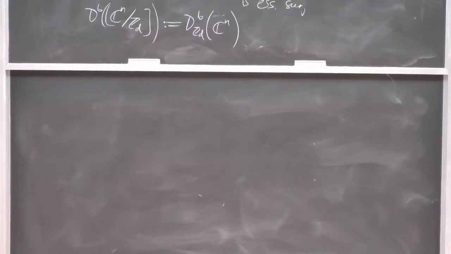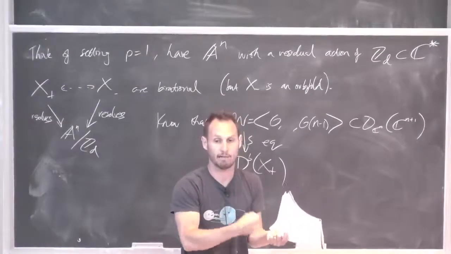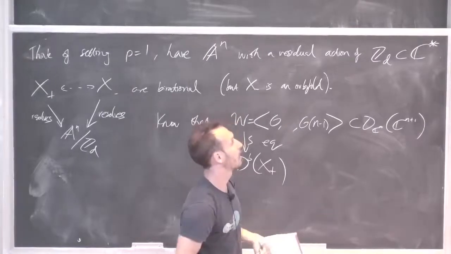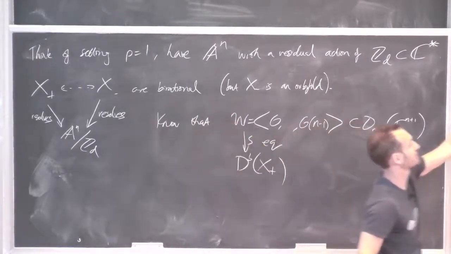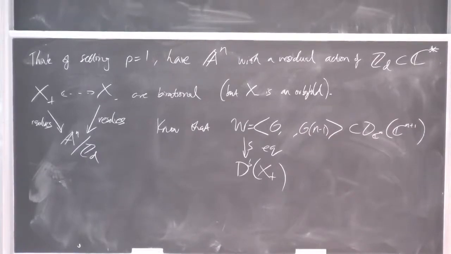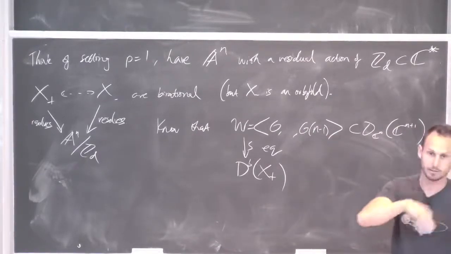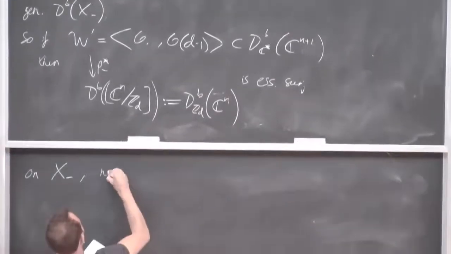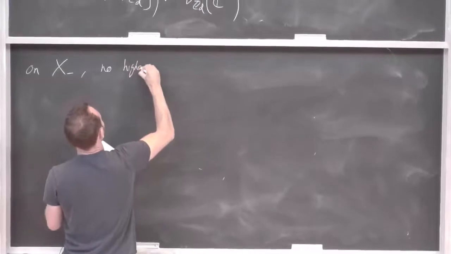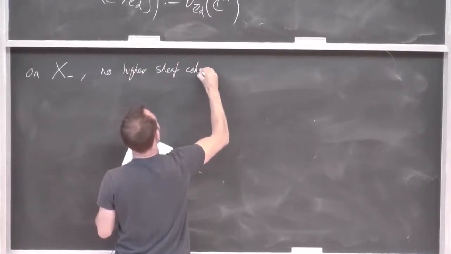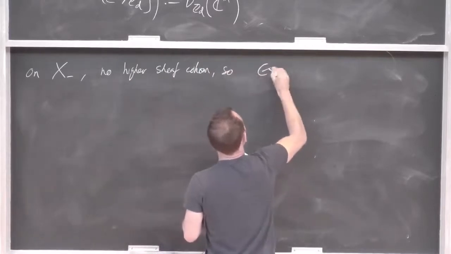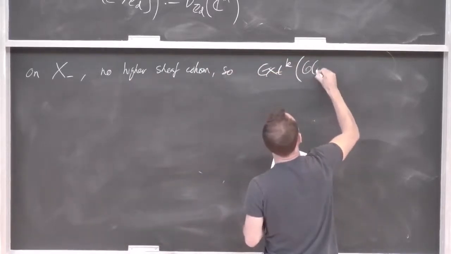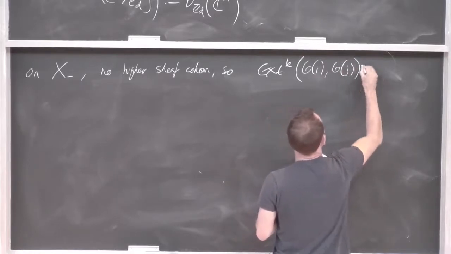And when we were worrying about full faithfulness, the whole problem was, as you restrict to the open set, sometimes you acquire higher Ext groups, right? And that was what we were worried about. Here, the situation is a little bit different, because on this thing, there is no sheaf cohomology either. Taking invariants with respect to Z_D in characteristic 0 is also an exact functor, right? So on X minus, there is no higher sheaf cohomology. So if you want to know Ext^k between O_i and O_j, where k is some number bigger than 0, then that's going to be 0.